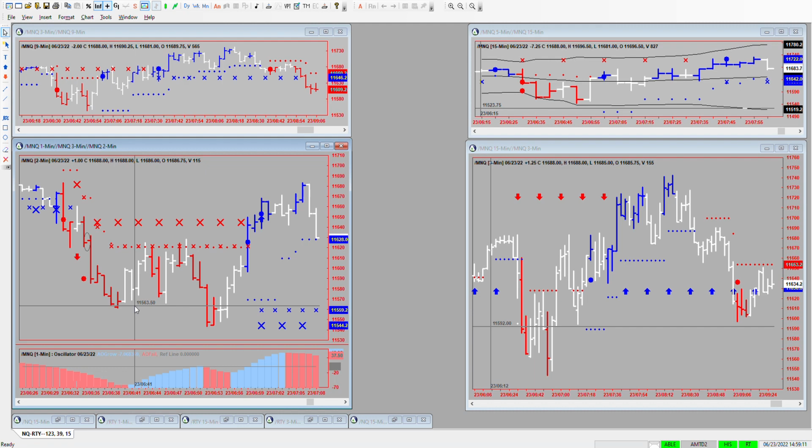So I want to go through that because I did jump in early, but I think I had some valid justification to jump in early there. I stayed out of all of this. This would have been a valid sweet spot short, but I just did not like how far away we had gotten from the 1 minute and 2 minute resistance levels.